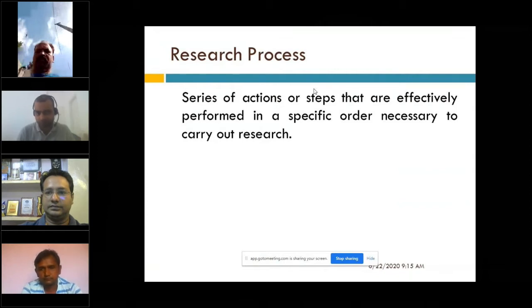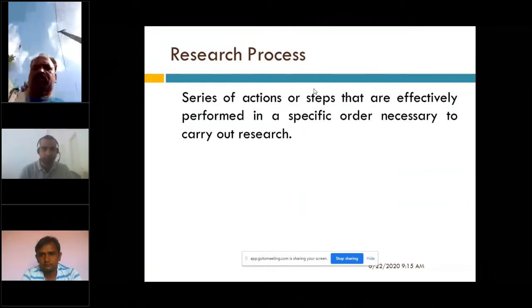Before we go for research process, we should understand what is research. Research is refinement of existing knowledge, any knowledge which is existing and we want to further investigate. So the task or the process is referred as research.